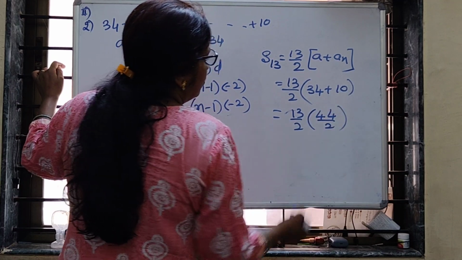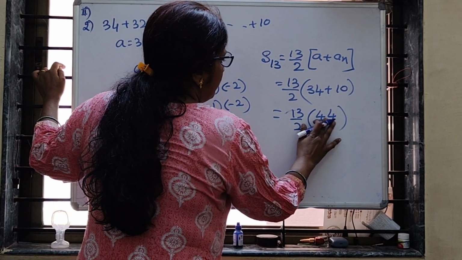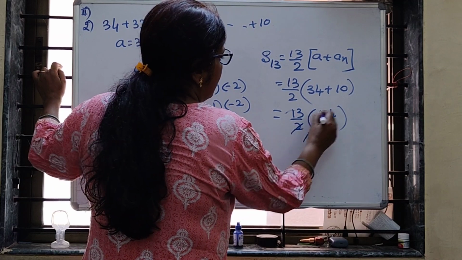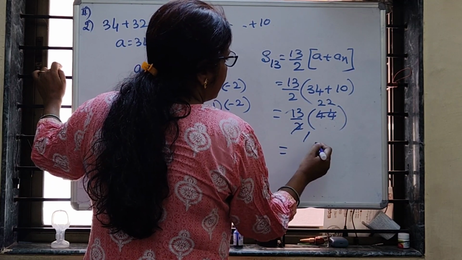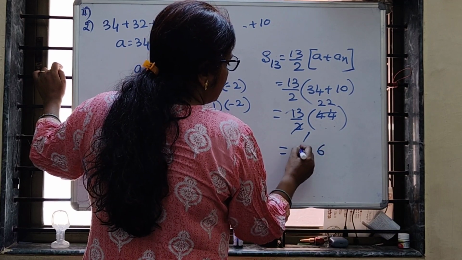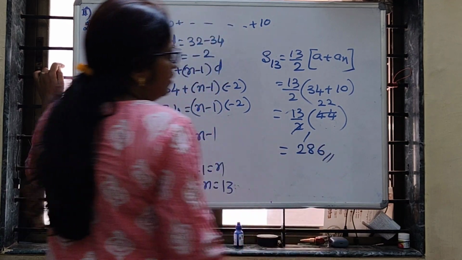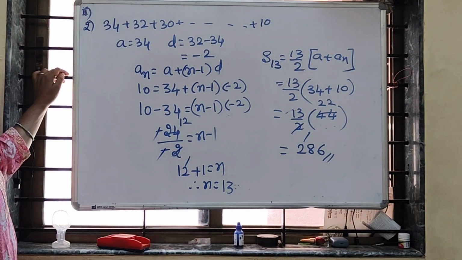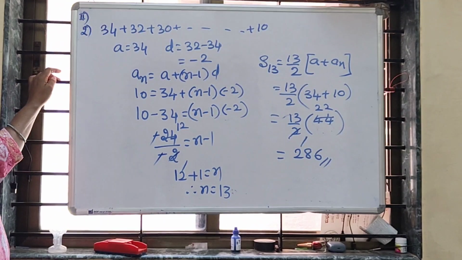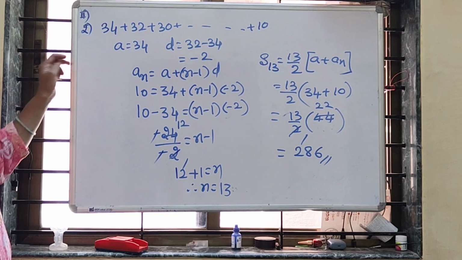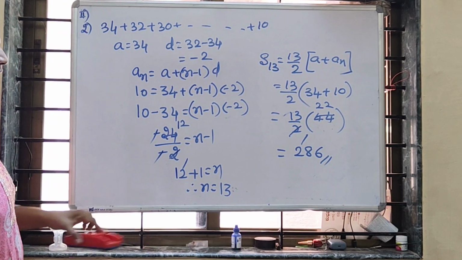Sorry, it's not divided by 2 again, it's only 44. 2 twos are 4, 13 twos are 26, 13 twos are 26 plus 2, 28. So the sum of 13 terms of the given AP is 286. So that completes the second question of second main.